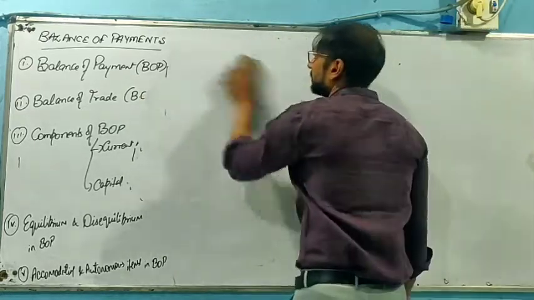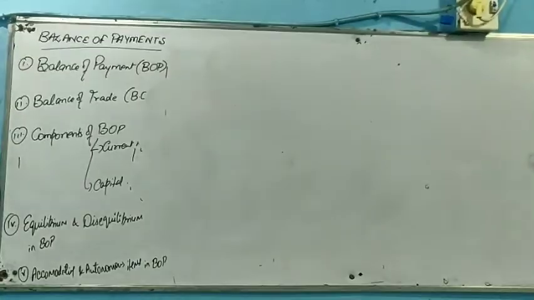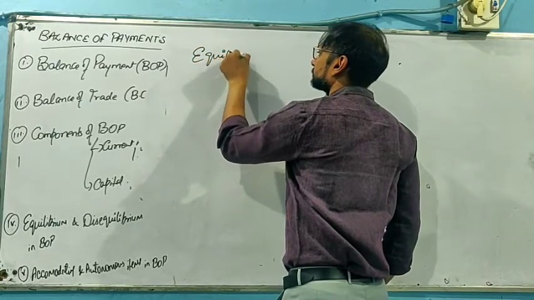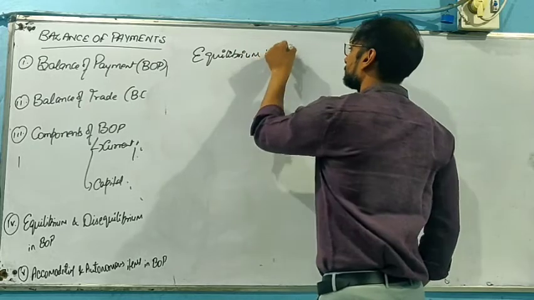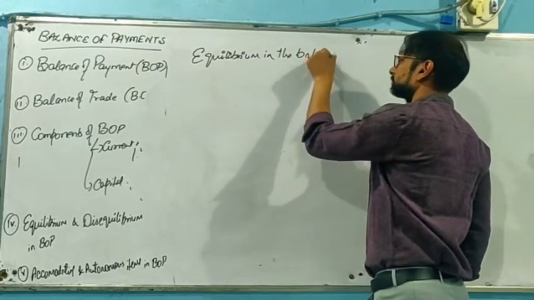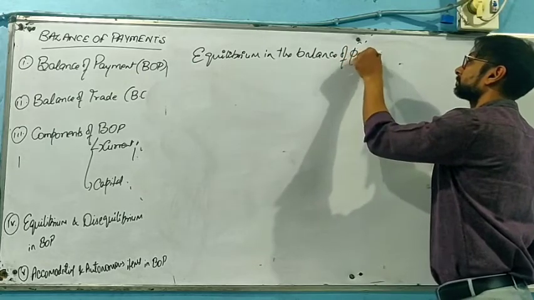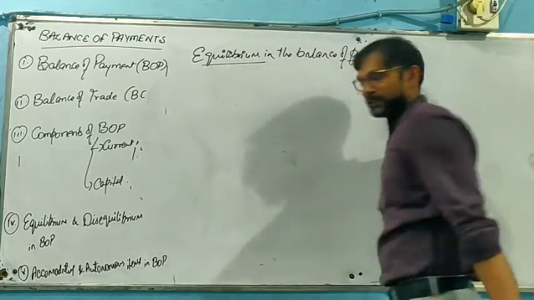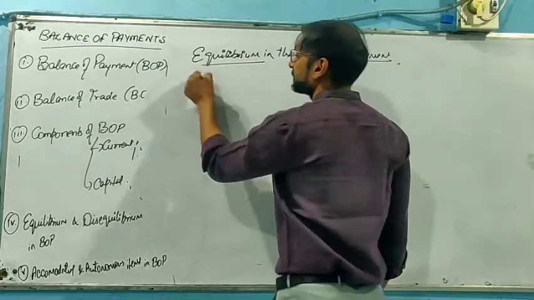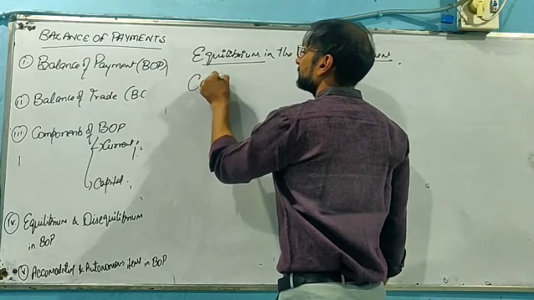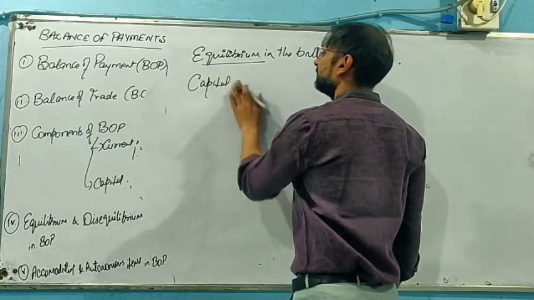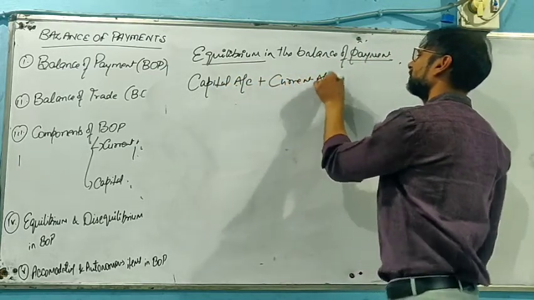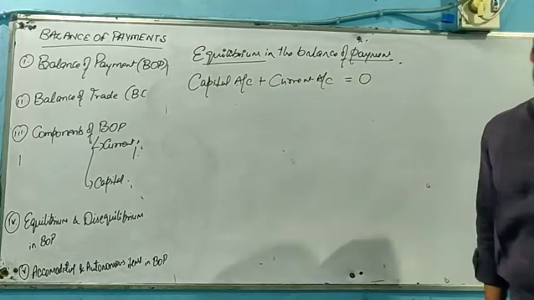So if we talk about the equilibrium in balance of payment, then the equilibrium will be met when capital account and current account sum becomes equal to 0.